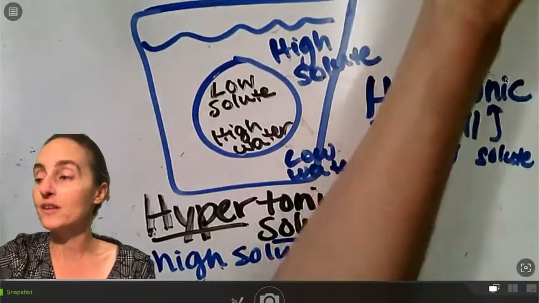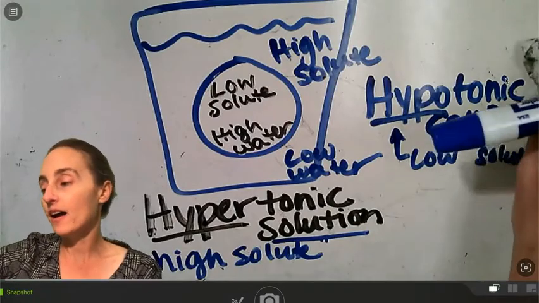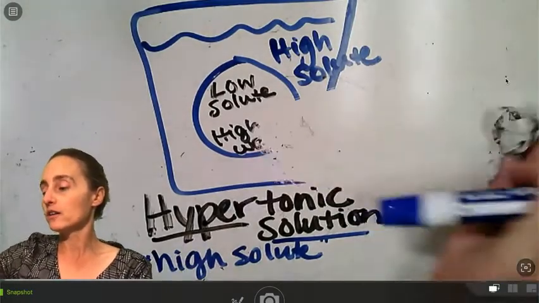But if I were to put a bag of sugar water in it, like some of that sugar water we used in our lab last week, then the sugar water bag would be high solute, because there's no sugar in that water. So that would be the low solute. So what would happen? The water would move into the bag, because it always moves towards the high solute or the hypertonic area.